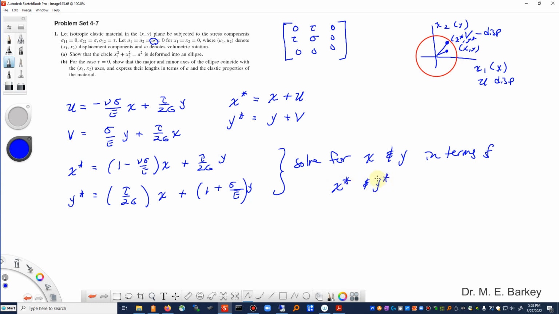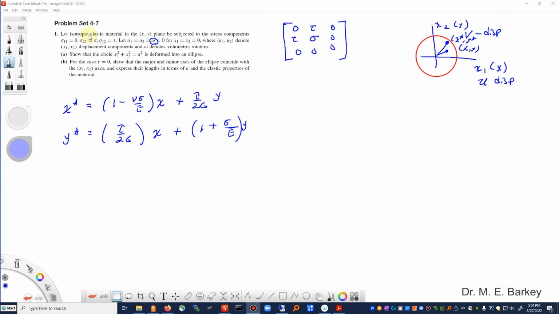All right, so I'm going to solve for x and y in terms of x star and y star. And I want to eliminate one of my variables. All right, so what I'm going to do, say I want to eliminate the y.